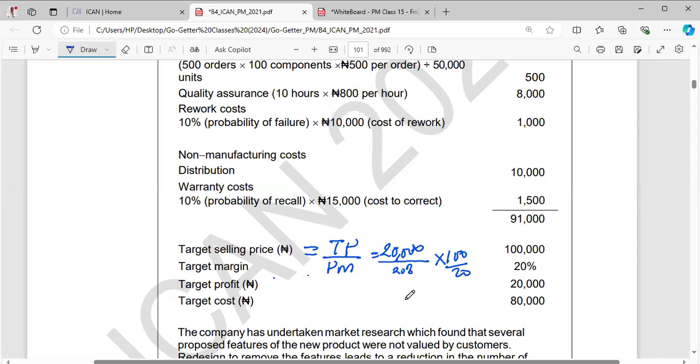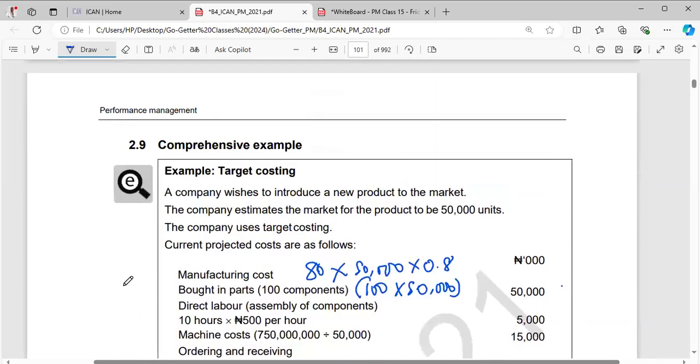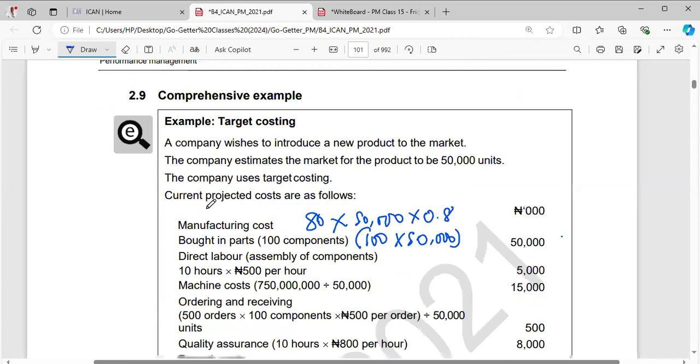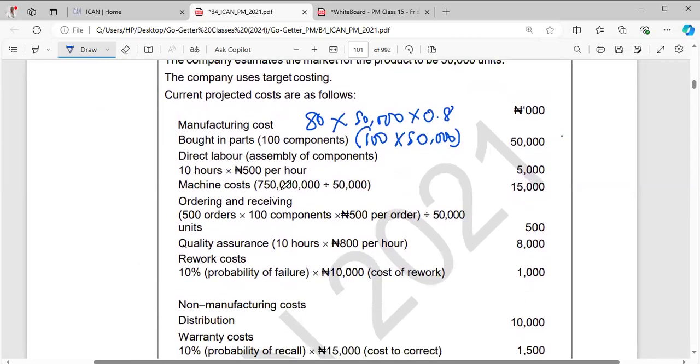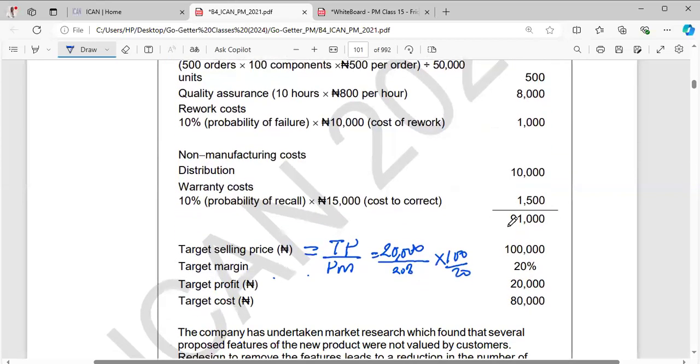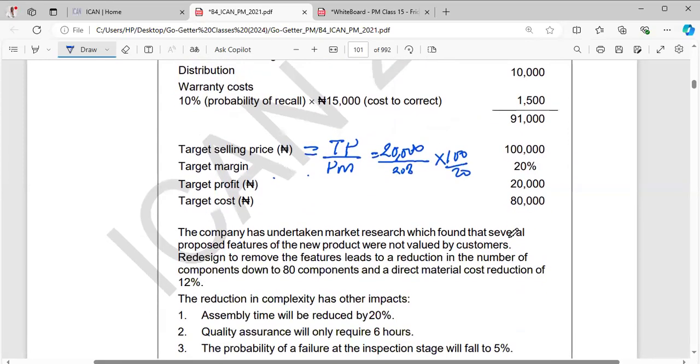So I have to say that when you do all of this and you get your target cost, the next thing to do is your manufacture your projected cost. So when you do your projected cost and you get a value, then you need to do your cost gap.